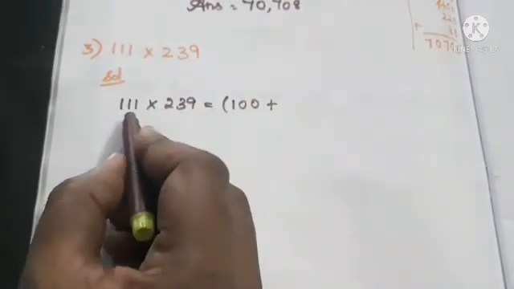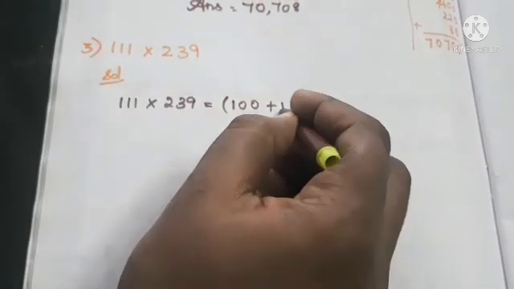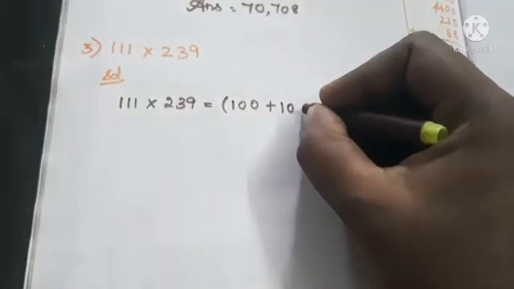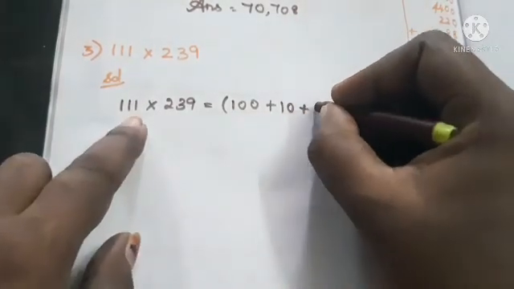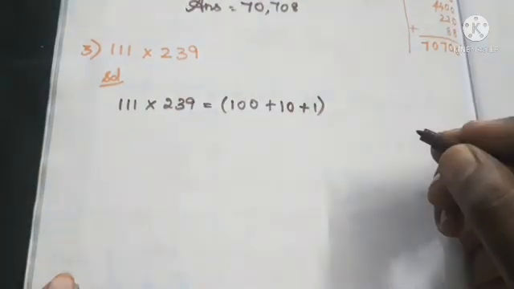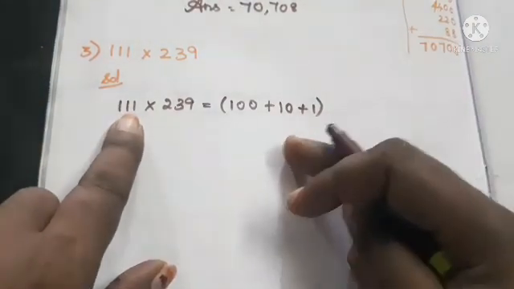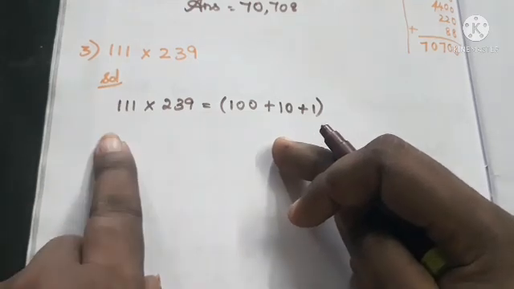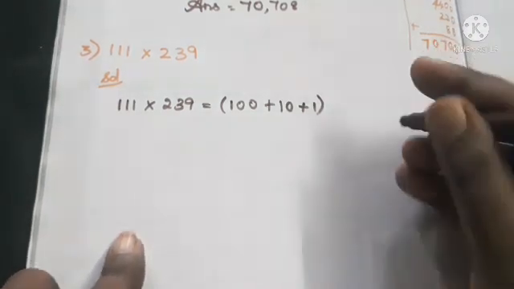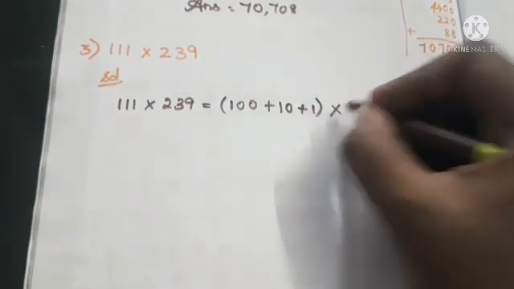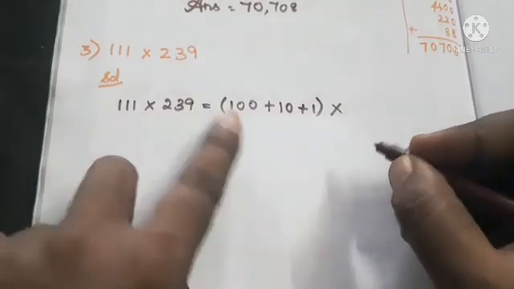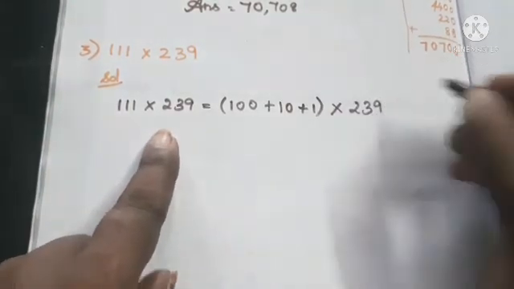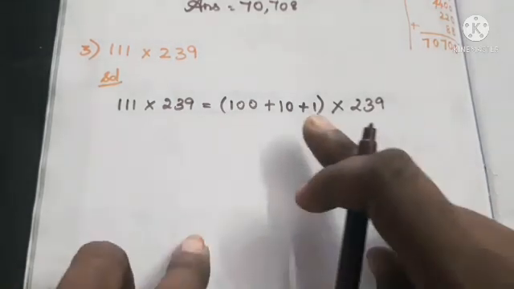So 100 plus. Next value is 1, so write the 1, and in the 1's place we write 0. So 10 plus, and in the 1's place we have 1. So we have split the 111 as 100 plus 10 plus 1. If you add these numbers also, you will get the same value only. Okay, ma? Then into what number? The into symbol is there, and the number is 239. So next we have to write separately.